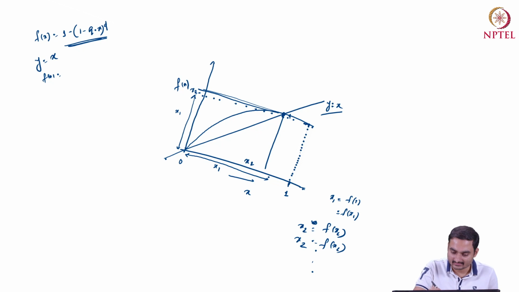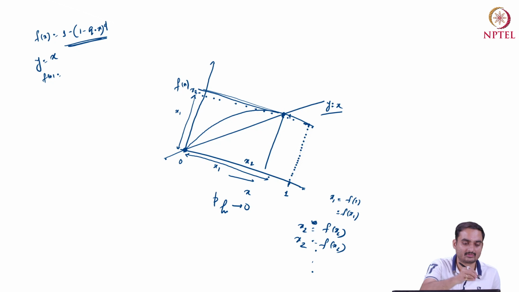But if you intersect at this point, which is x equals 0, that would be your solution. You basically want this probability value p of h to tend to 0 for the epidemic to die out, right?